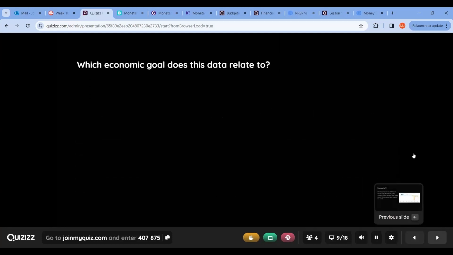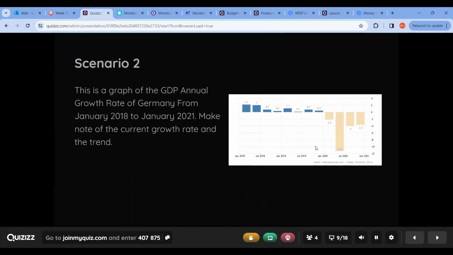So the data here, if the economy is shrinking at negative 2.2%, negative 11.3%, negative 4%, negative 3.7%, I would say the goal that should happen is increase money growth.